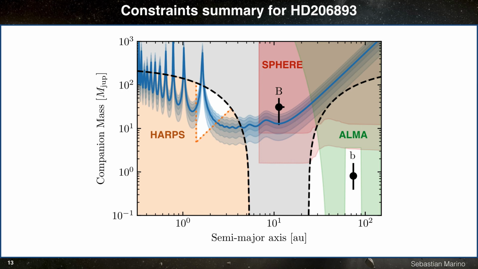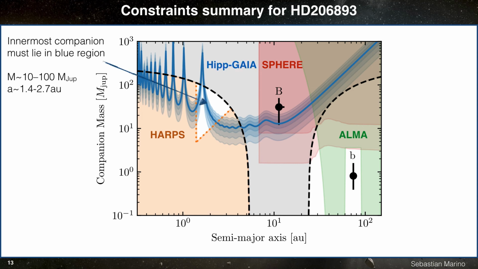So we really need the existence of an additional companion. What is interesting is that this blue line intersects with the white triangle where the companion creating an RV trend should be. So it is very likely that both the RV trend and the proper motion anomaly are explained by a single inner companion with a mass between 10 and 100 Jupiter masses and a semi-major axis of 1.4 to 2.7 AU.